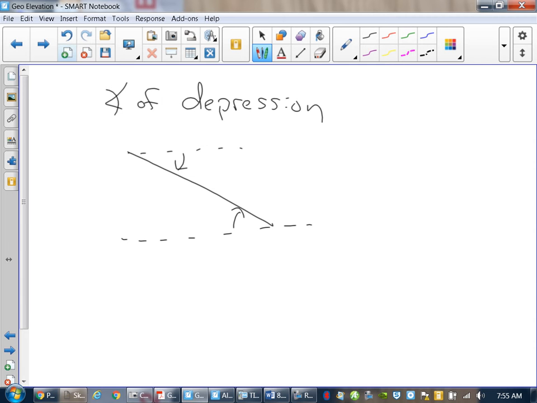Because if I'm looking at the angle of depression, that would be line of sight down, which is the same as you looking back up towards it on the other side of the transversal. Because isn't line of sight parallel to the ground? Yes. And it's very, very easy to show this as we get into some diagrams.